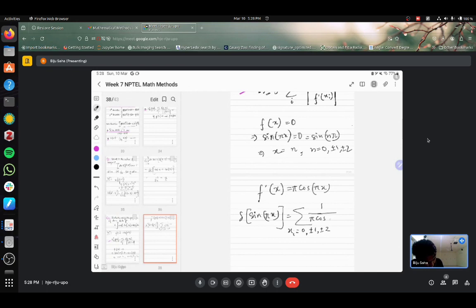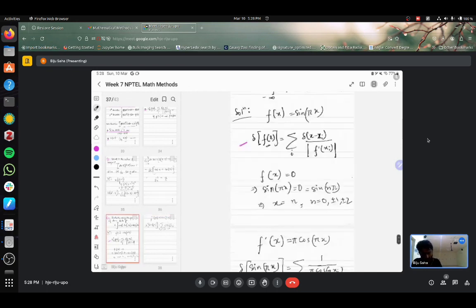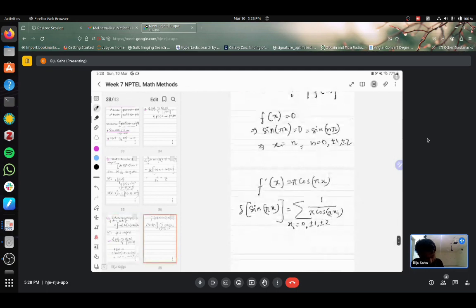So this is my denominator. In the numerator you have delta function at various xi.